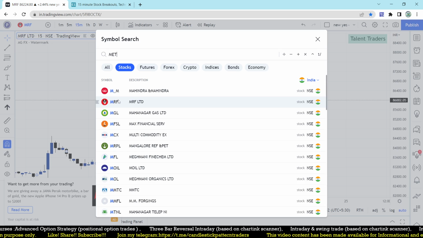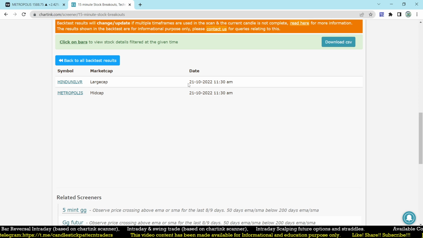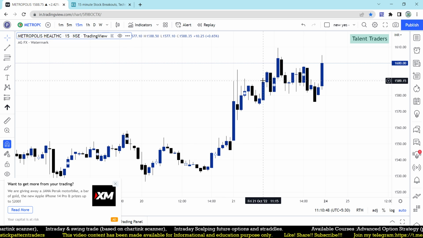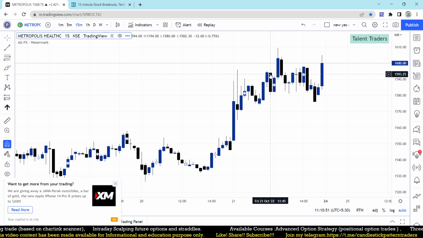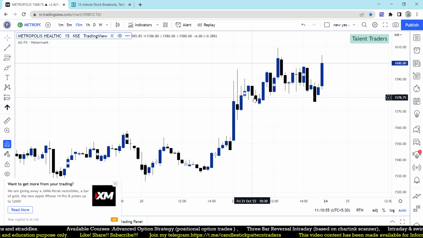If I take Metropolis, let's look at it around the time frame of 11:30. This is 11:30, where initially it triggers you down, and after that it triggers your entry. Instead of taking the entry in the middle of the day, on the first 15 minutes candle breakout, before it breaks that high, we can find the stocks by using this scanner.